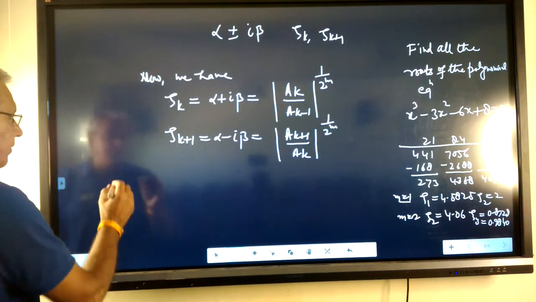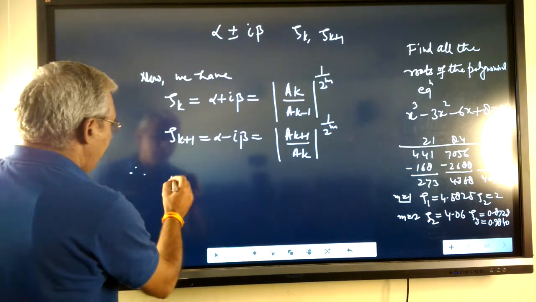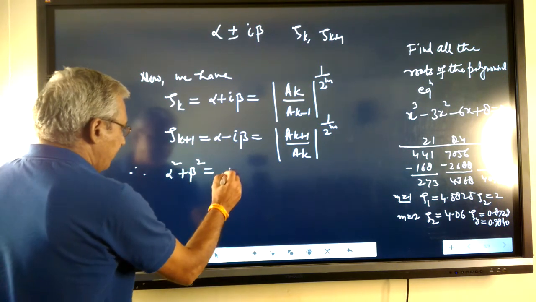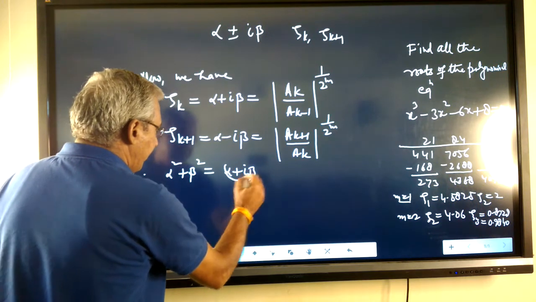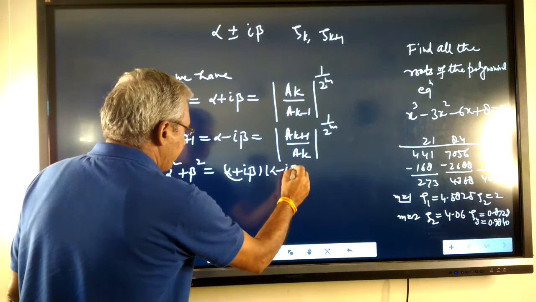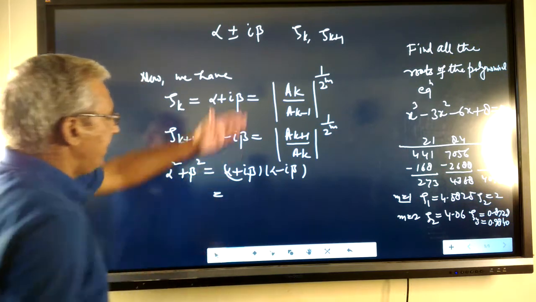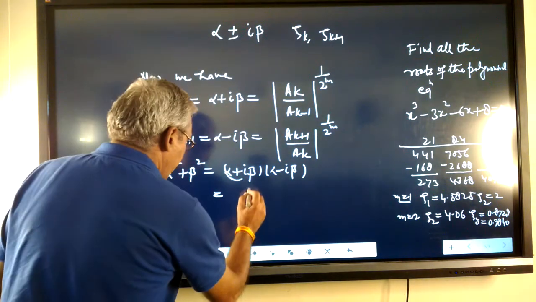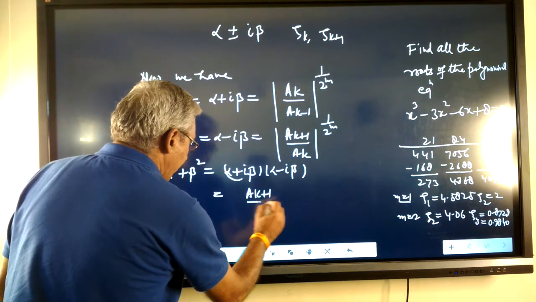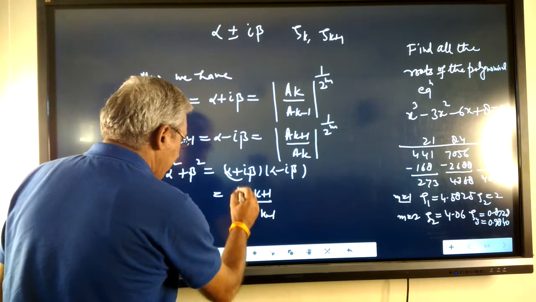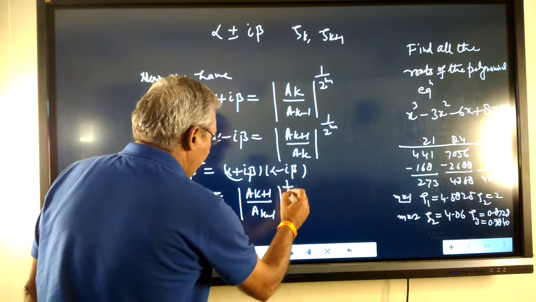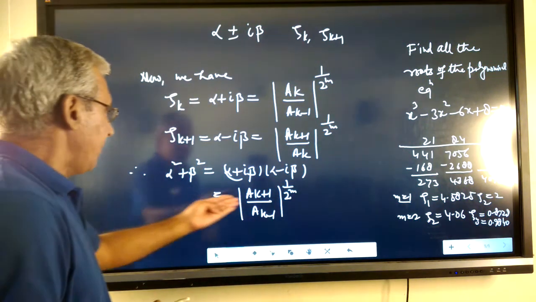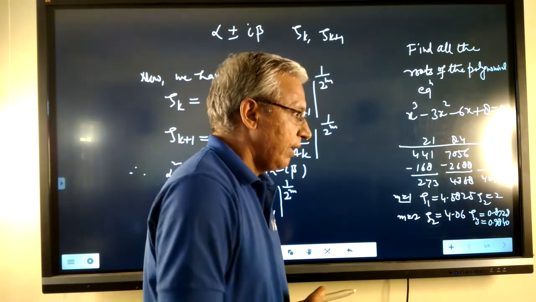Therefore, multiplying both relations, alpha plus iota beta into alpha minus iota beta, ak is cancelled out, and alpha square plus beta square equals a k plus 1 upon a k minus 1 to the power 1 upon 2 to the power n.